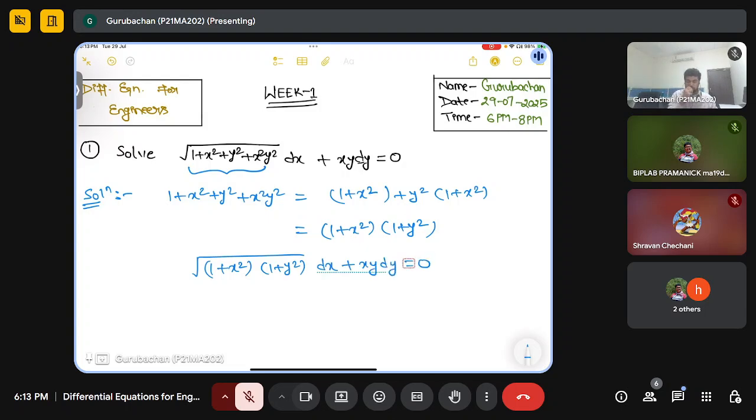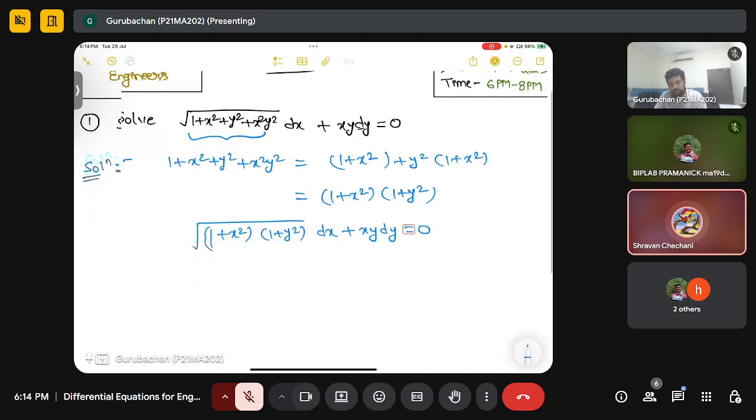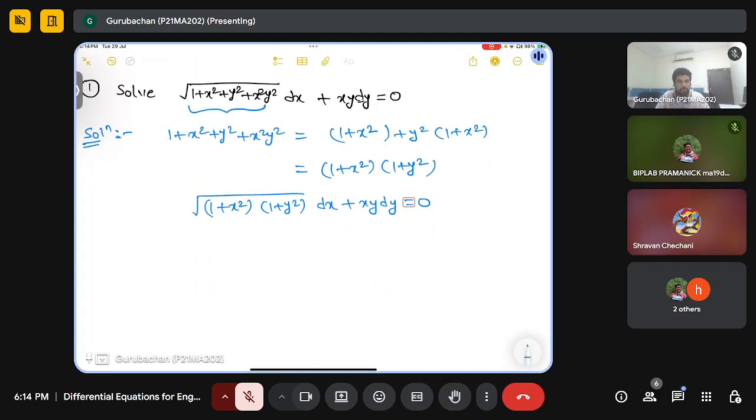Now, what can you comment on this? Will we still need to convert into exact, or is there any other form? No, sir, we don't need to convert it to exact now because we can segregate those x and y terms differently. Actually, it's a simple method of separation of variables. So we can keep xy dy on this side, and move the other to this side, x square into 1 plus y square dy.